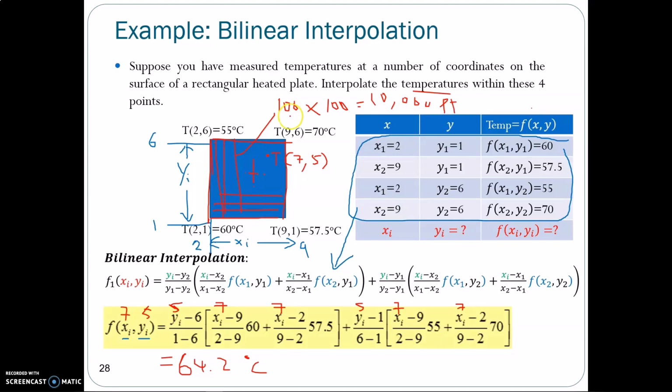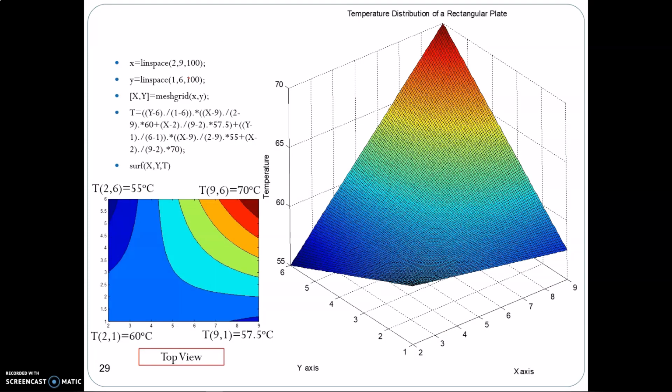With that, you obtain 100 times 100, which is equal to 10,000 points on this plane. Substitute all of these points into this formula, then you can obtain the temperature at these 10,000 points. It is impractical for us to calculate it by hand, so we should use a computer to do this.